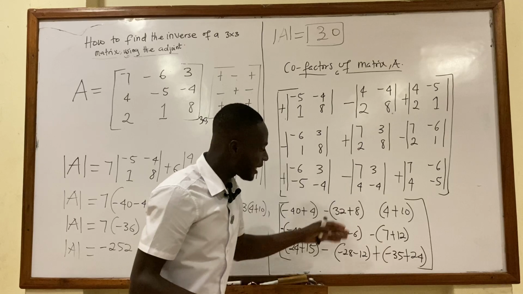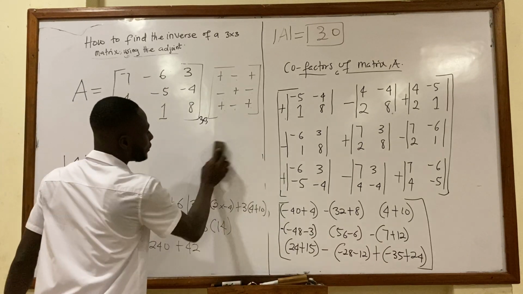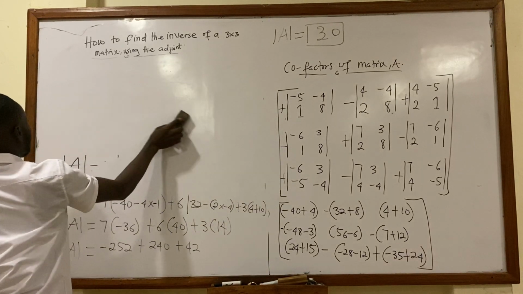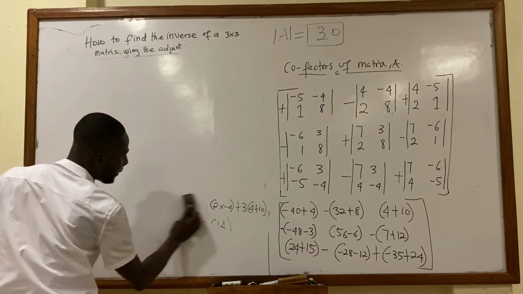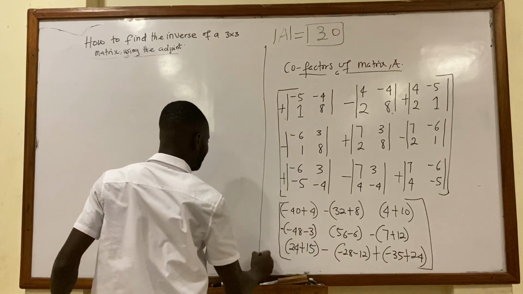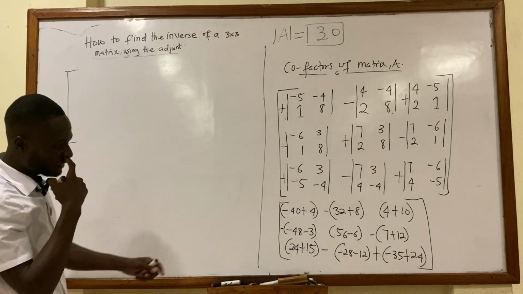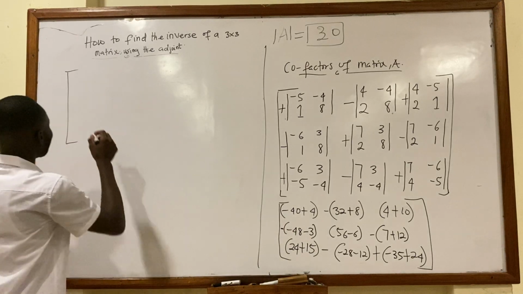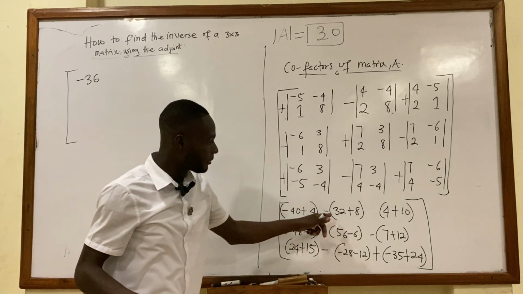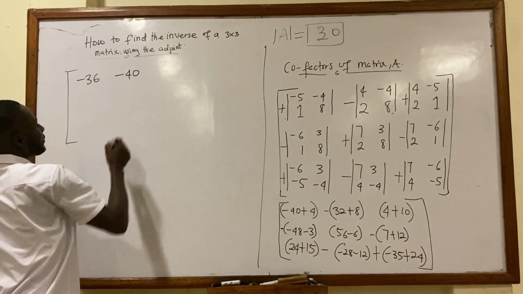So now let's simplify the items. When we simplify this, this is going to give us minus 36, right? And this will give us 40, but it is affected by a negative, so it's going to be minus 40, right?